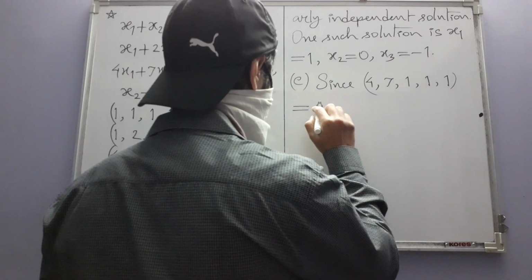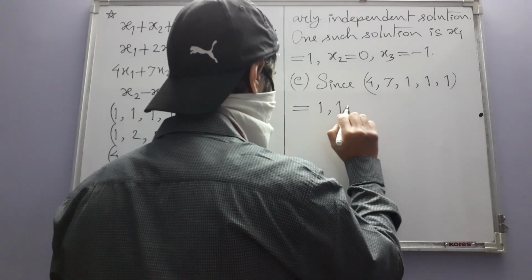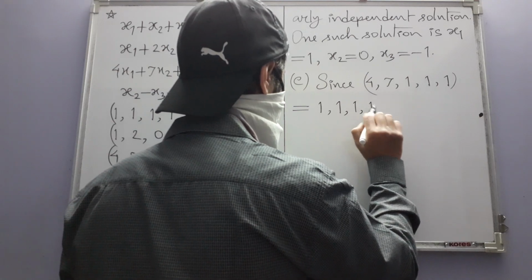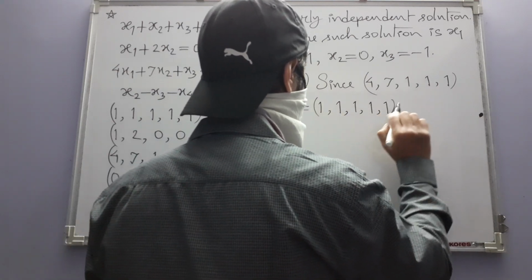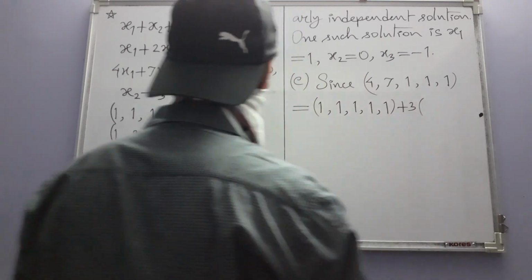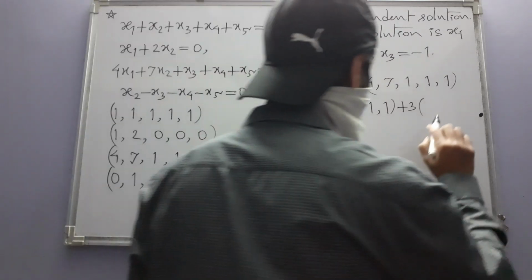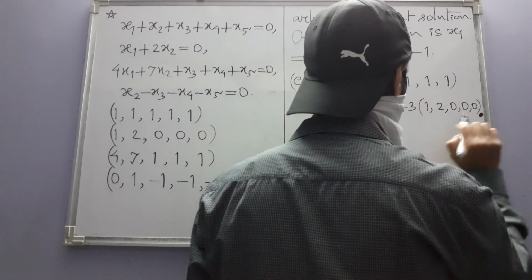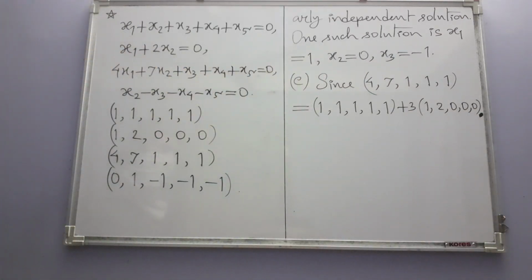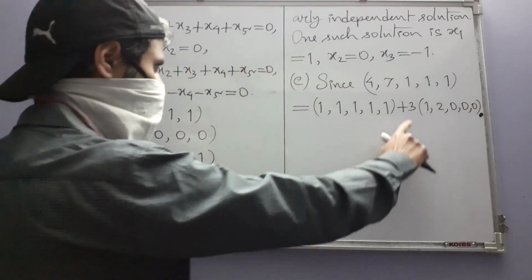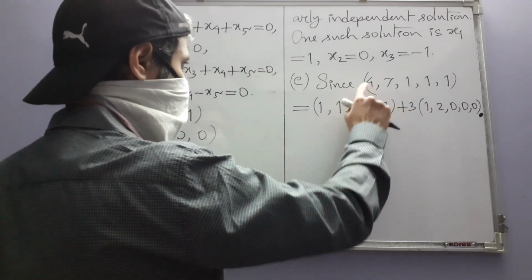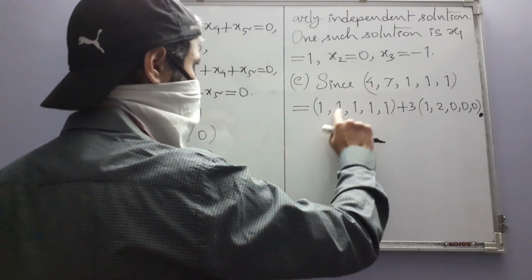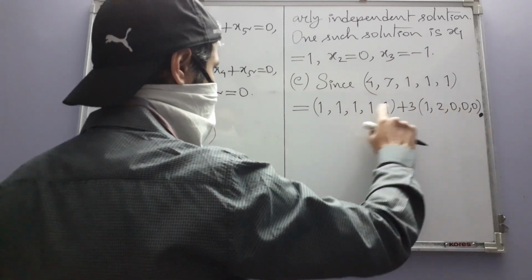Okay. Second one means 1, 2, and the others are 0. Is that really the case? 3 plus 1, 4. 3 times 2 plus 1, 7. And these are 0, so 1, yes.